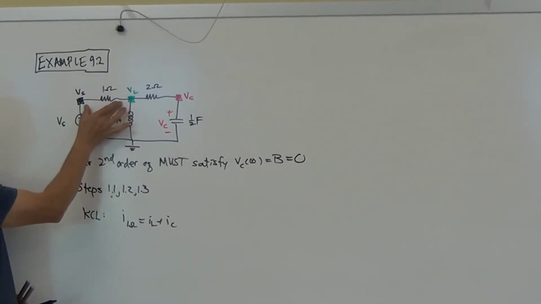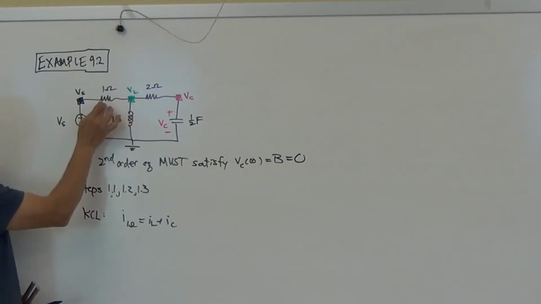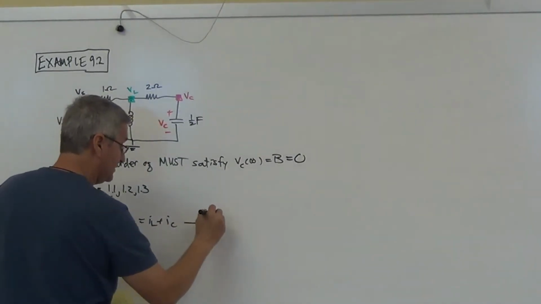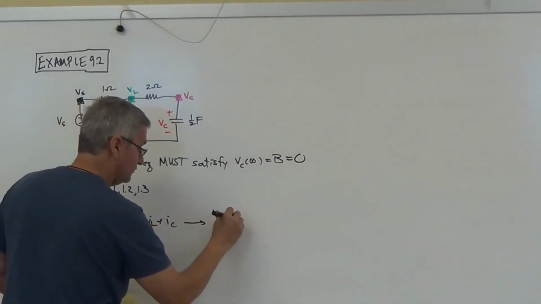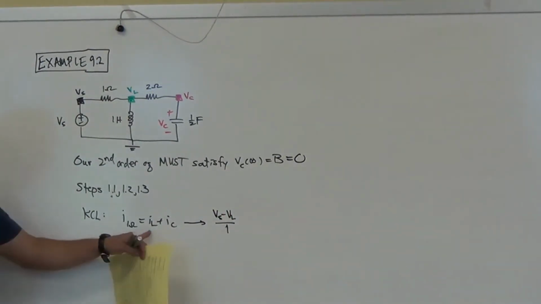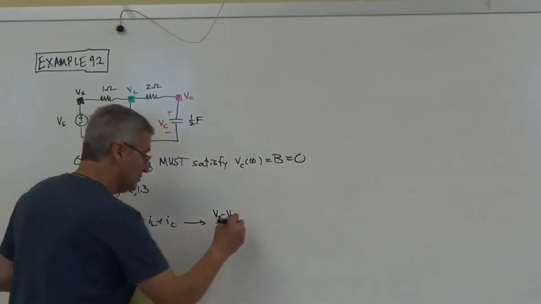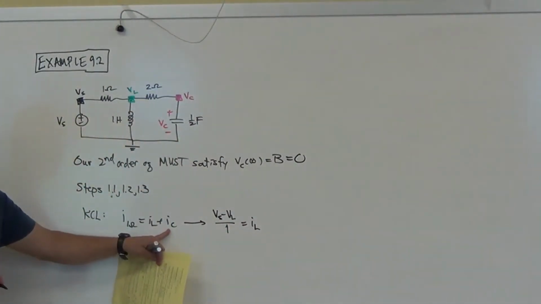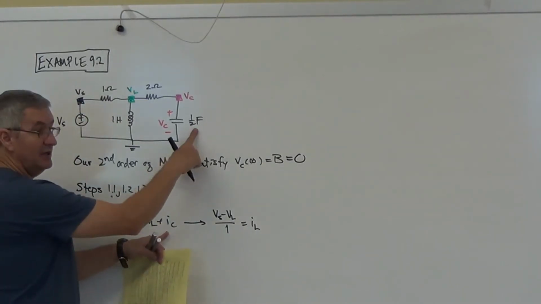So that means that the current of this resistor must be VS minus VL. So then I'm going to say VS minus VL divided by 1. I'll look at IL, that's in good terms. So this equals IL. And then I'll look at this guy, IC. I have to replace it with the capacitor equation. So I look at C. What's C? It's 1/2.